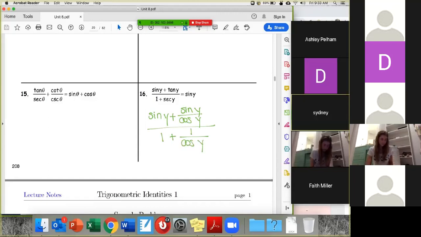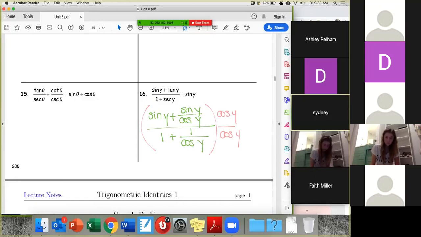So the strategy here is what you were talking about. If I don't like having double fractions, fractions within fractions, I'm going to take all of this and multiply by cosine y, top and bottom.